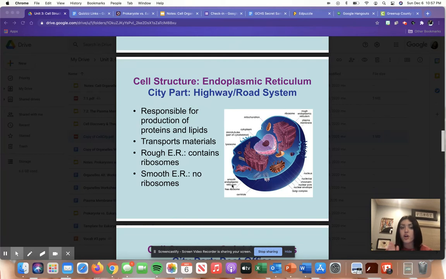So the rough ER makes proteins, the smooth ER makes lipids, and then they both transport those things respectively, right? So they produce them and then they transport them. So it's a highway or the road system, right? The way that we travel within the city is on the road. So that is what the endoplasmic reticulum would be equivalent to in the city, the highway or road system.